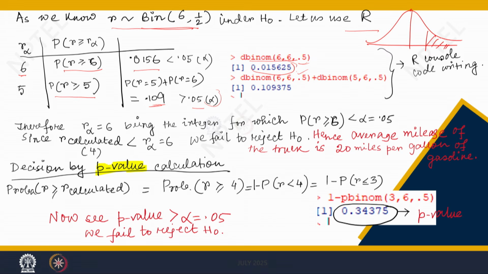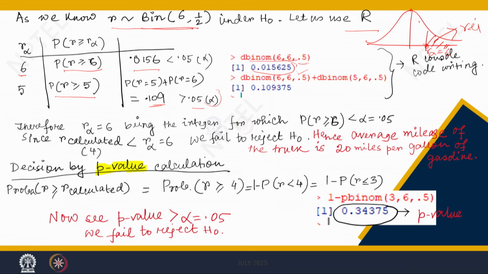This is your rejection region or critical region. So, when you are choosing r alpha as 6, you are still in the rejection region. Look at the cumulative probability, that is 0.0156.